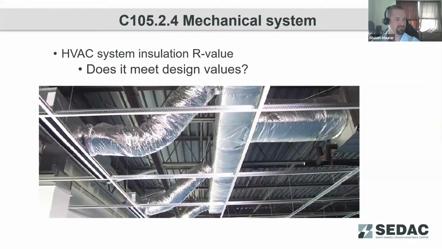For the prescriptive path, you're going to be looking at R6 or R8 insulation in an attic space, R4.2 or R6 in other locations, such as crawl spaces or unconditioned areas in a building. That lower value is for ducts less than 3 inches in diameter, so the R6 and the R4.2.